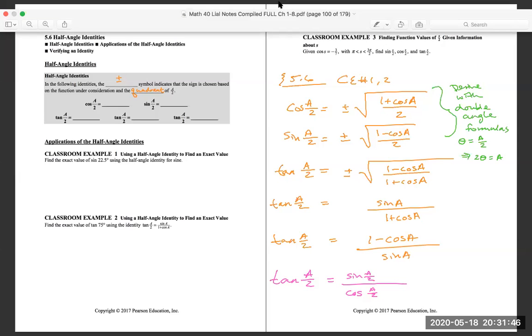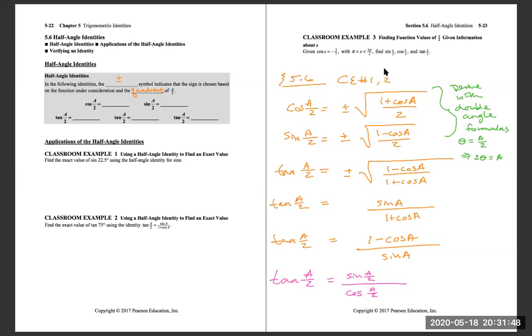Okay, let me go ahead and clear all this out. Classroom example 1: find the exact value of sine 22.5 degrees using the half angle identity for sine. So first thing we're going to do, we have sine of 22.5, and we want to know what it equals.